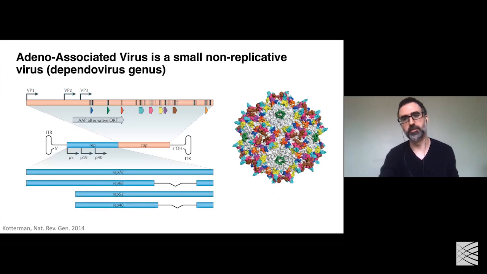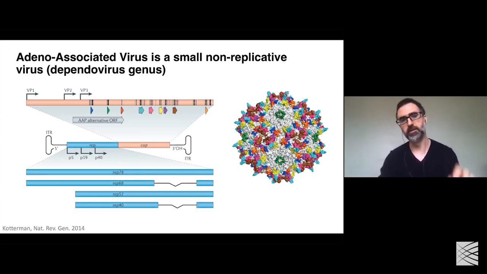To give you a brief background on the biology of AAV, this is what the natural genome looks like. There's a rep gene involved in replication, and the cap gene, which is the capsid. There are actually three different versions of that cap gene, VP1, 2, and 3, that get translated. There's also an alternative open reading frame there called AAP, the assembly activating protein, involved in the assembly of the capsids. You can see on the right, the colored regions are the variable portions of the capsid.